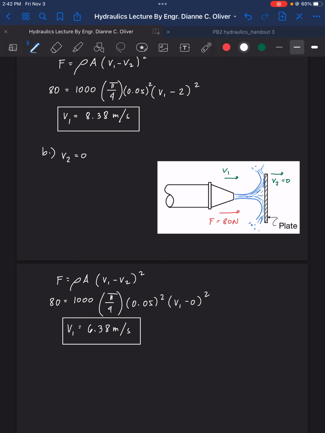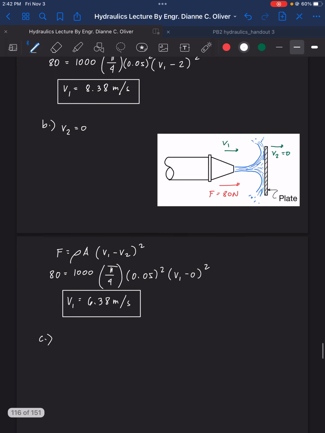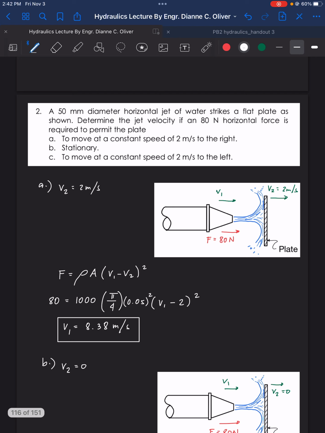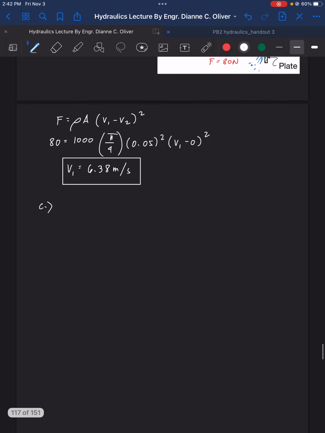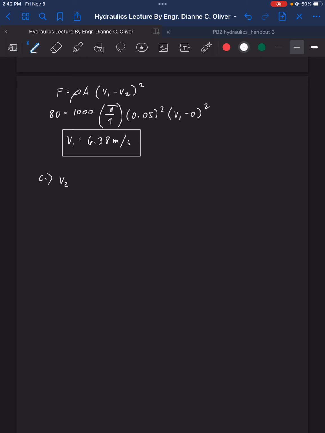Next, letter C. It says here, to move at a constant speed of 2 meter per second to the left. That is opposite the direction of the jet. So V2 of negative 2 meter per second.